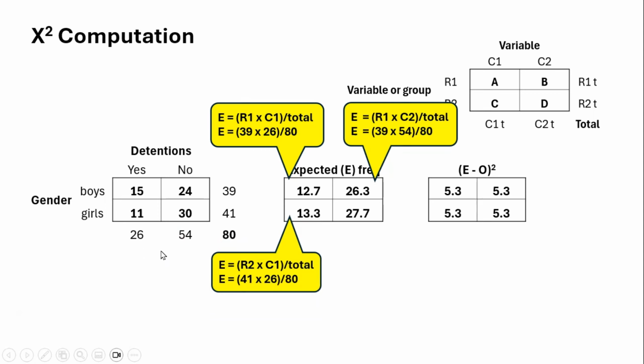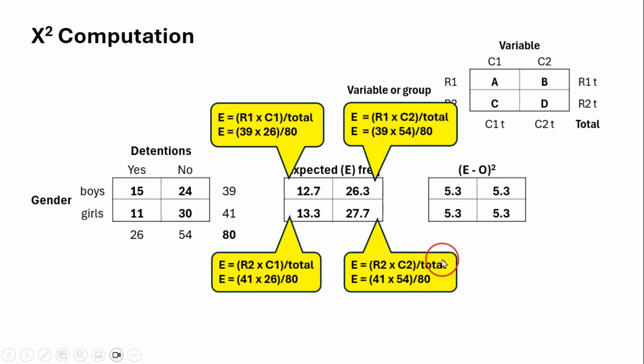For cell C, we would take 41 times 26 divided by 80, and that gives you 13.3. And finally, for cell D, which corresponds to the row 2, column 2 marginals, you take 41 times 54 divided by 80, and you get 27.7.